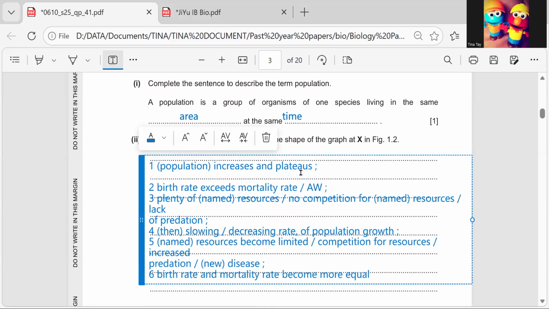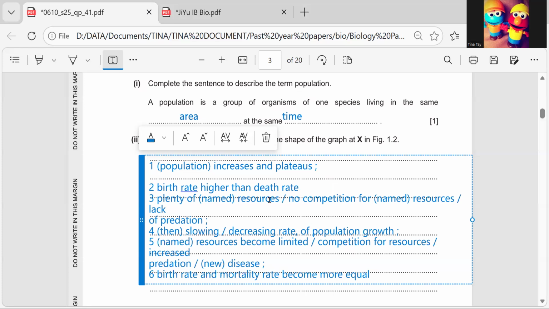Okay, the population increases and then plateaus. Plateau means flattens. So the birth rate exceeds the mortality rate. No need to write such high fluent English. You can say birth rate higher than death rate. Okay, why?